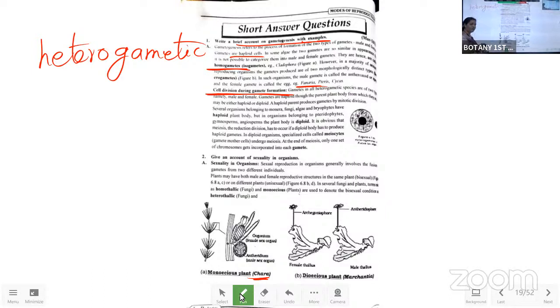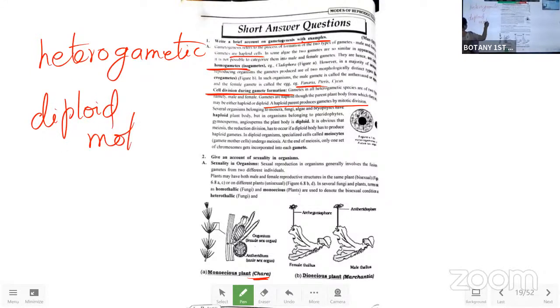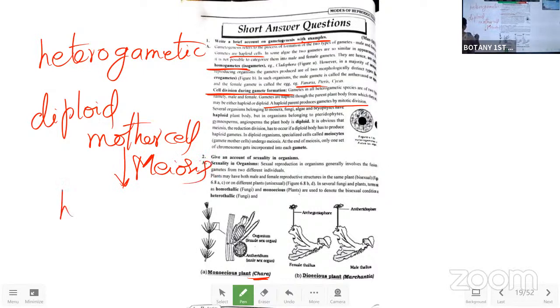See, a haploid parent produces gametes by the meiotic division, because always the gametes are formed from a cell, and that cell should be the diploid mother cell. This only undergoes meiosis to give the haploid gametes.